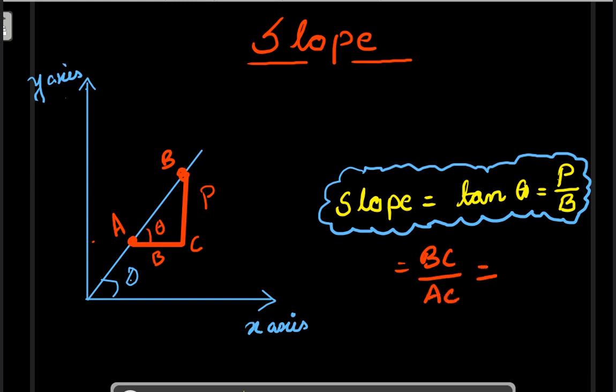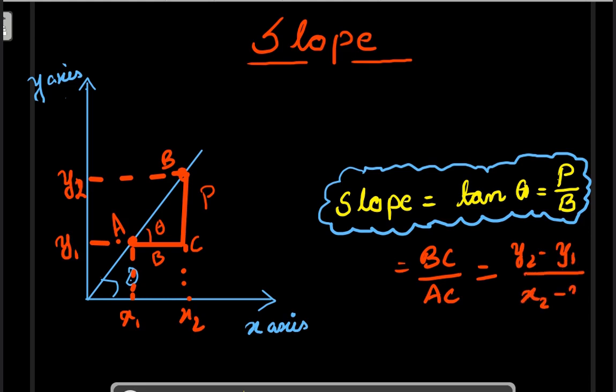And the length of BC and AC we can determine with the help of y-axis and x-axis. So for example, for y-axis, this is y1 and this is y2. This is x1 and x2. So that means my slope here is y2 minus y1 upon x2 minus x1.